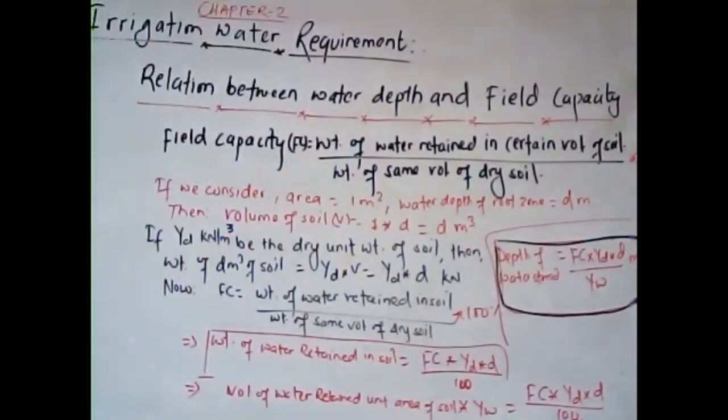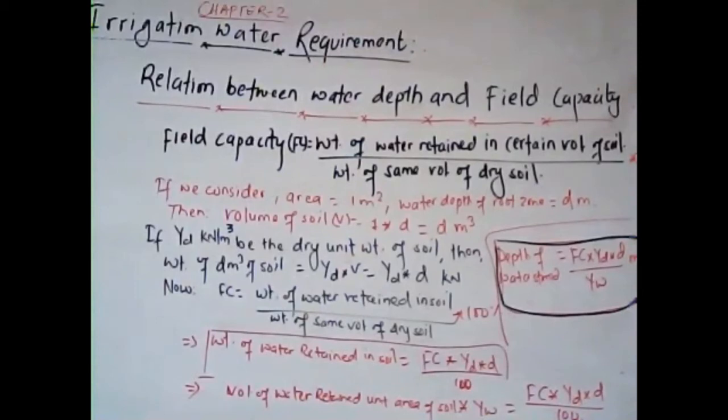Because we know that weight W always equals gamma, that is unit weight, into volume. Okay, so we can determine the volume of water retained in unit area of soil. Volume by area is always depth. So the depth of water stored can be determined as Fc into gamma d into d by gamma w.